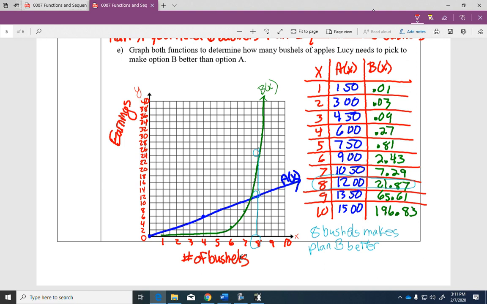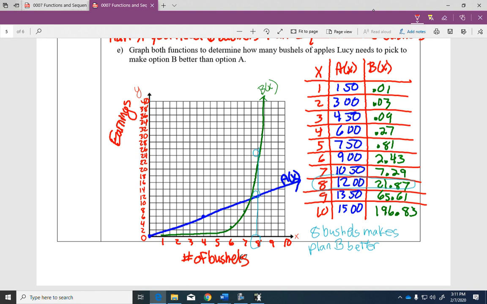And then with option B, that's what I did. I plotted the points. Now those ones at 1 cent and 3 cent and 9 cent, that was tricky to plot. So I really was just very careful with the steepness of my line. It's not horizontal, it's gradually going up, but holy cow, does it take off so fast, right around 7, 8.